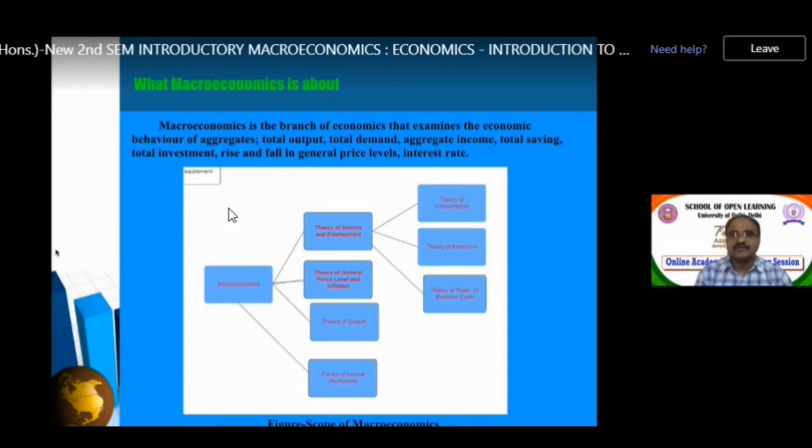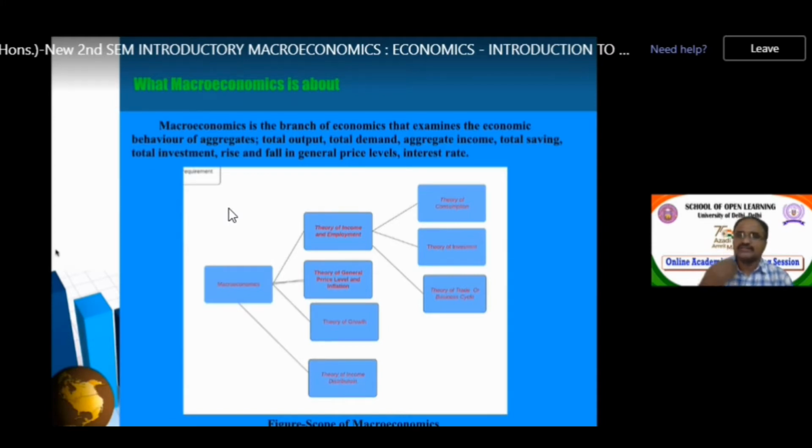What is the point? Earlier, microeconomics studied individual income, individual demand, individual saving, individual investment, and so on. But now we discuss total demand, total supply, total output, and so on. That means we can discuss the economic behavior of aggregates here.